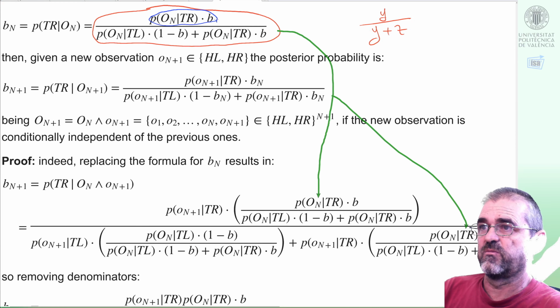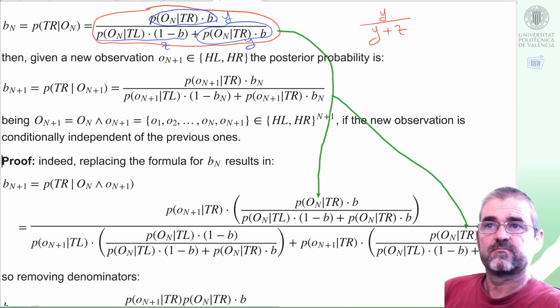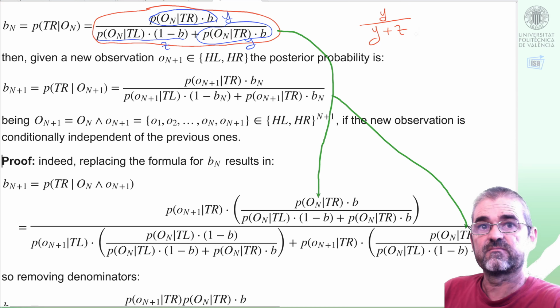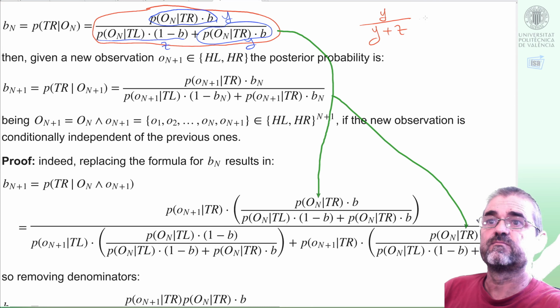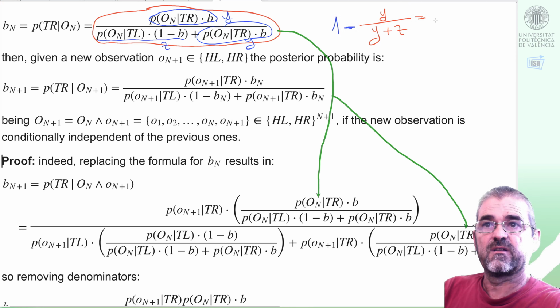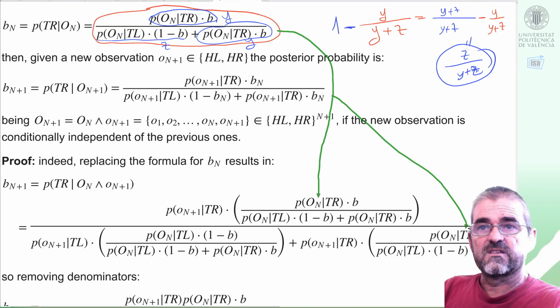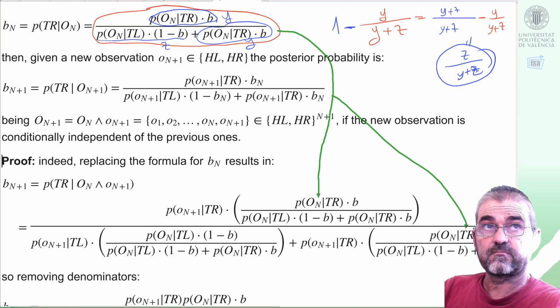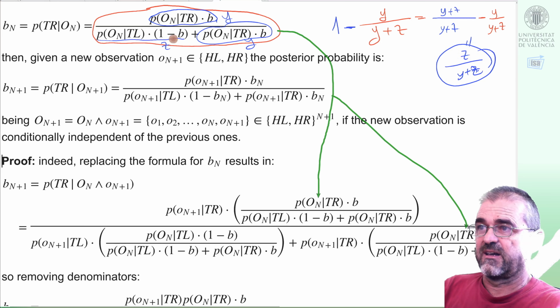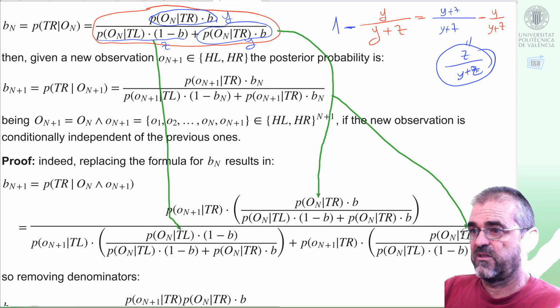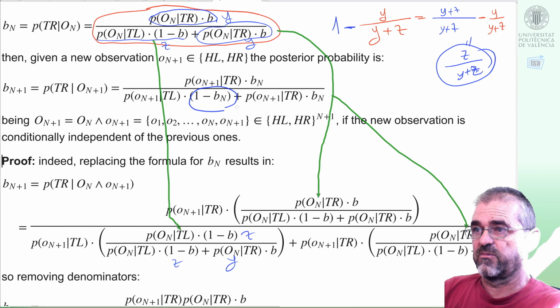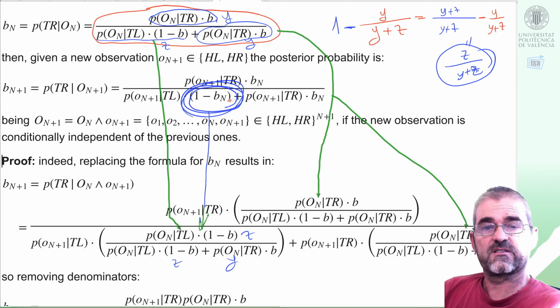So you can see this would be y and this would be z. I have one joint probability, and the marginal is that joint probability plus some other stuff from the joint table. So 1 minus this stuff is this expression that ends up being z over y plus z. So I put z in there, so I get this expression in order to compute 1 minus all that stuff.